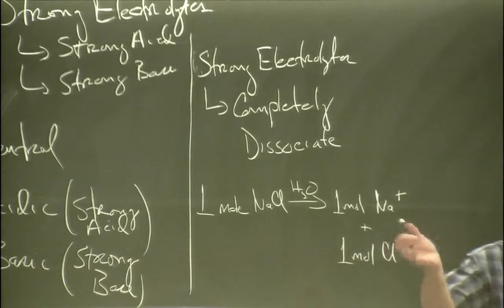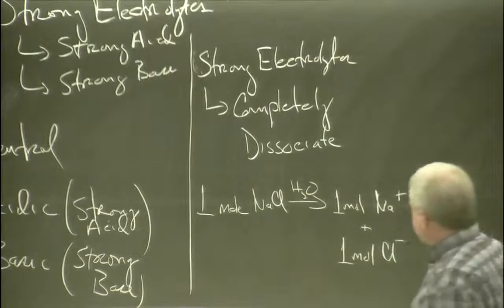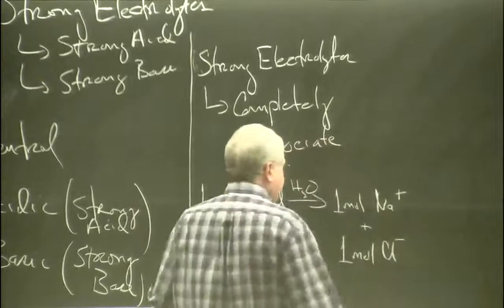It totally dissociates. And the reason we have to note this is because some electrolytes, especially some acids, do not completely dissociate. And those are called weak acids. We also have weak bases, which are a little bit more roundabout in description. But the idea is you don't get a total production of, let's say, sodium and chloride ions.